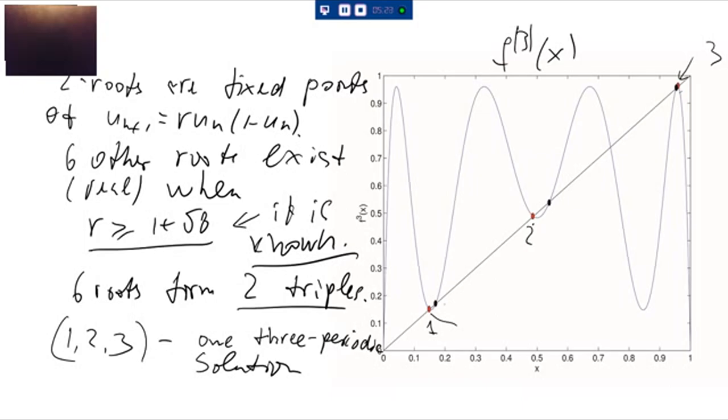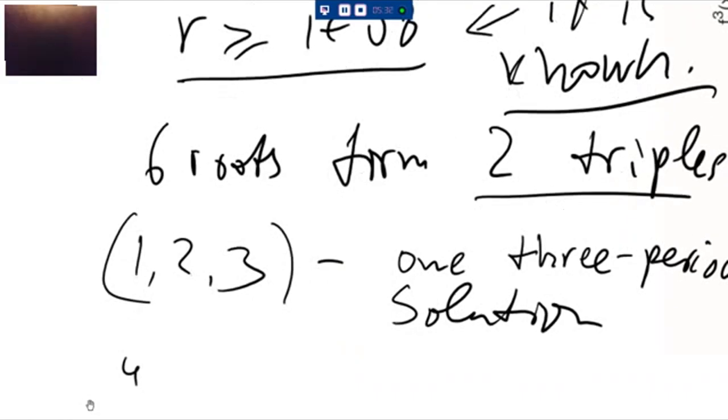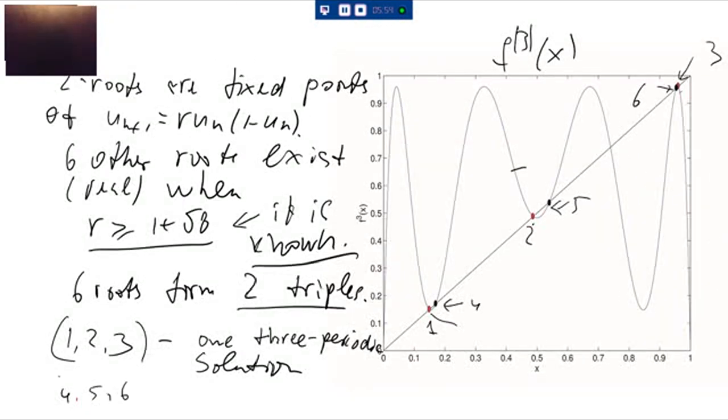And we have also 4, 5, here, 6, 4, 5, 6. It is another second 3-periodic solution.